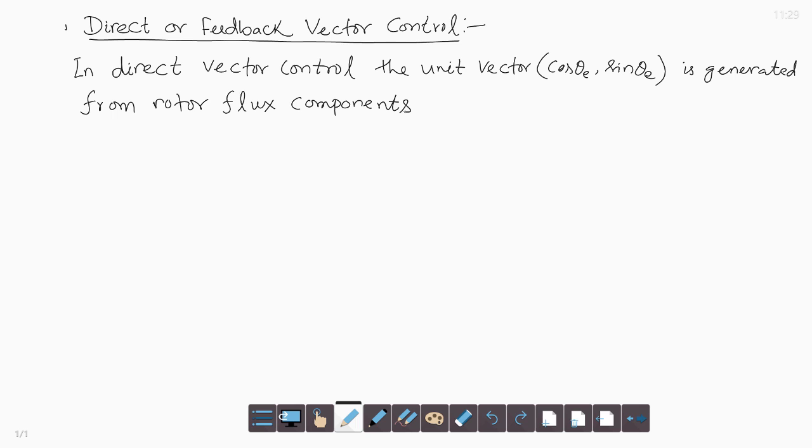Rotor flux components means stationary reference frame components psi alpha r and psi beta r, stationary reference frame components of psi r.